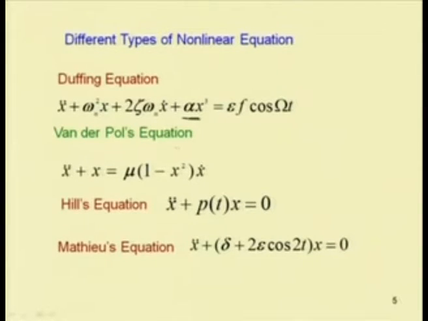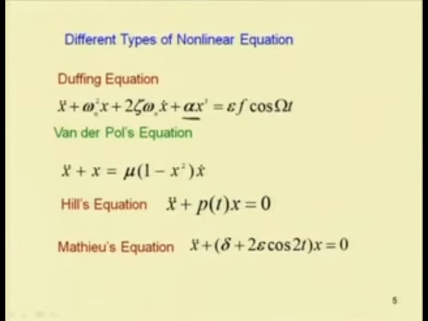Similarly, the van der Pol equation can be written as x double dot plus x equal to mu into 1 minus x square into x dot, then Hill's equation x double dot plus p(t) x equal to 0, and the Mathieu equation x double dot plus (delta plus 2 epsilon cos 2t) x equal to 0.